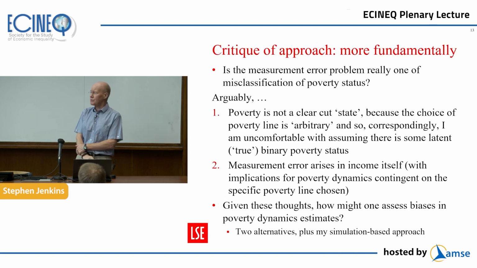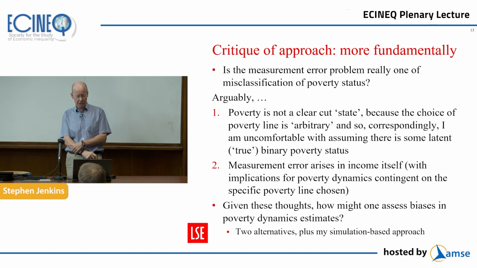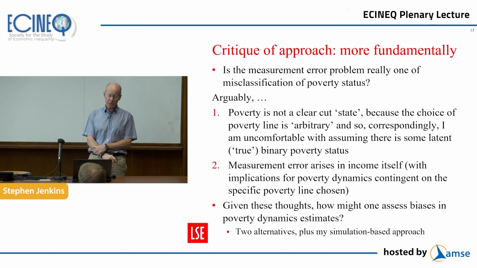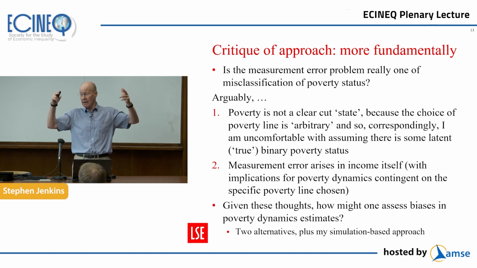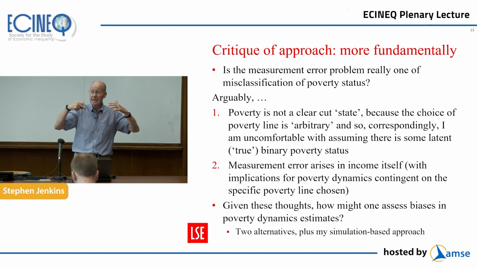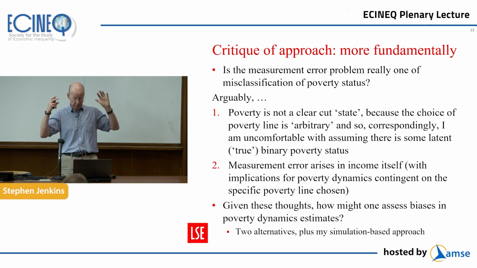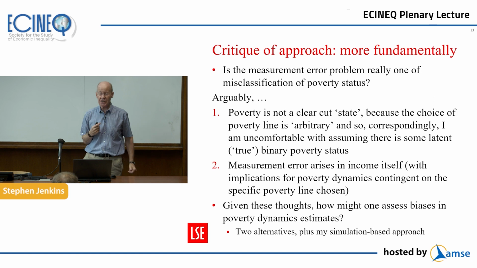But my more fundamental critique of this whole area is really whether or not the measurement error problem is something about misclassification of poverty status. I mean, is poverty a clear-cut state in the same way as something like unemployment or disability, perhaps? Because the choice of the poverty line is arbitrary.